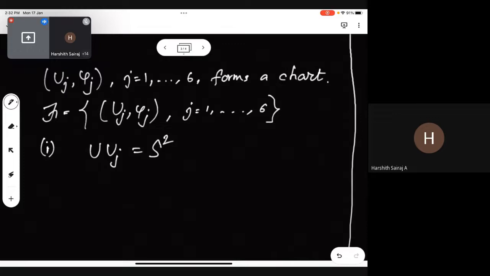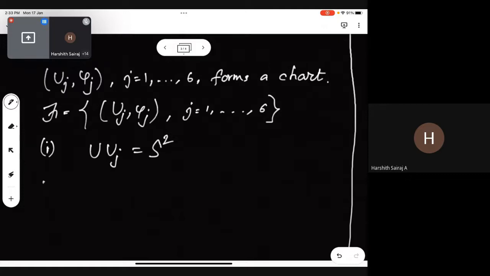I mean, each half space you are looking at. Suppose a ball is there, and you divide in the middle and look at the one half, then you divide another one vertically, and similar things. That's definitely union is S².